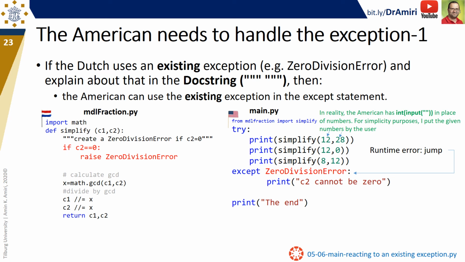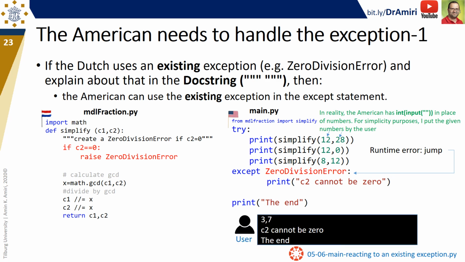Therefore, the line print simplify 8 12 will not be executed at all. As a result, a user will see 3 and 7 for the first simplify function, then he'll see C2 cannot be zero, and then the end will be printed.